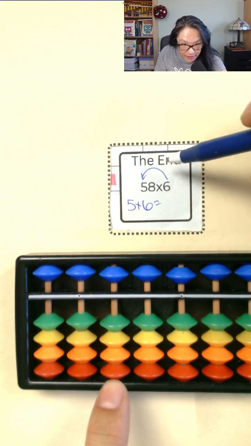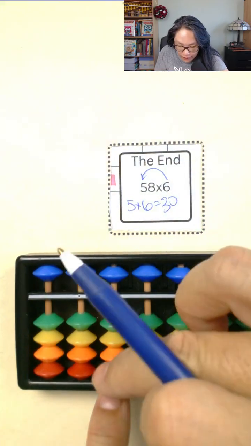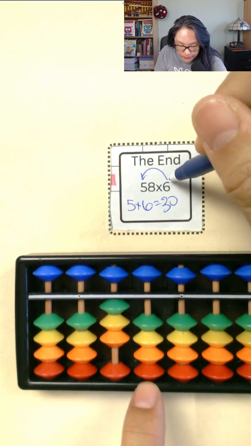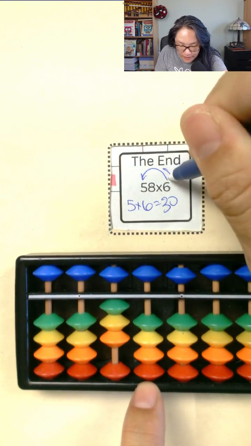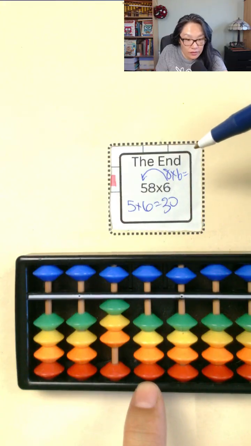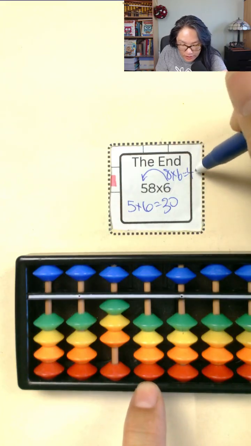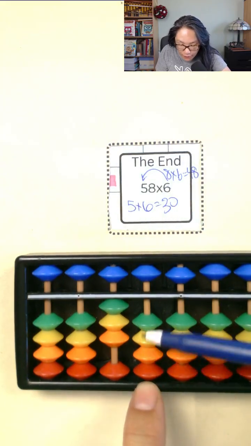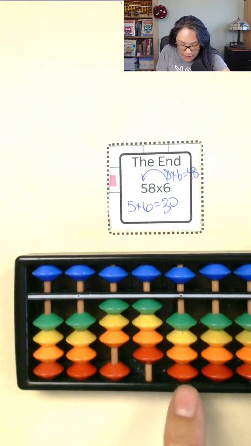Thank you, Mary Catherine. Yes, thank you, Michael. So we have 30. We have a 3 and a 0. 8 times 6 is equal to, survey says, great, 48. Thank you. I add 40, I add my 4, and then I add my 8.